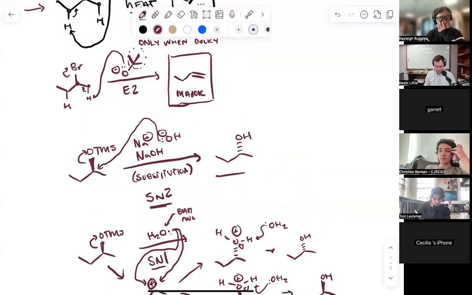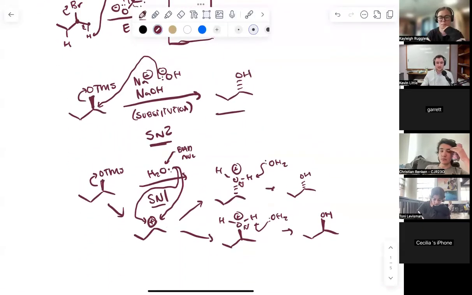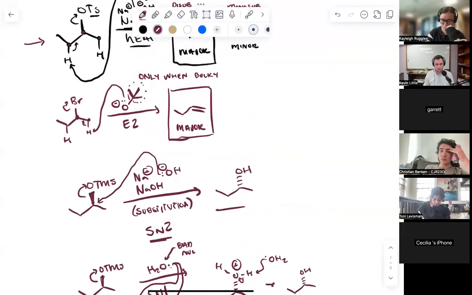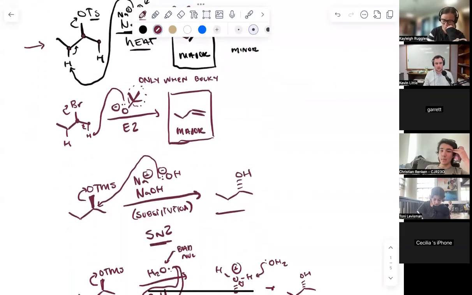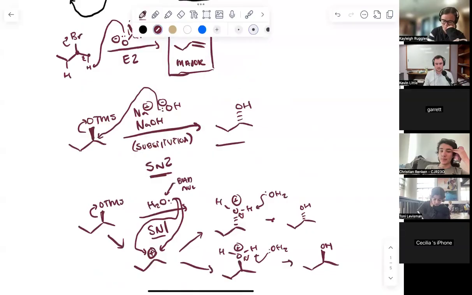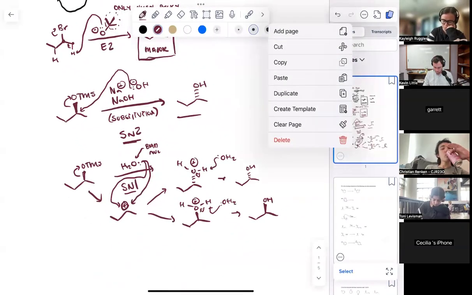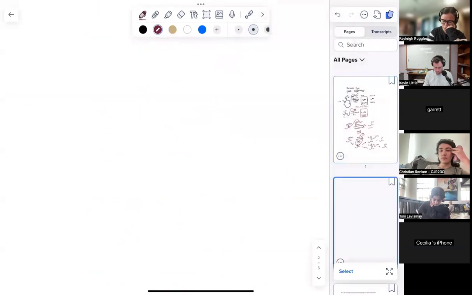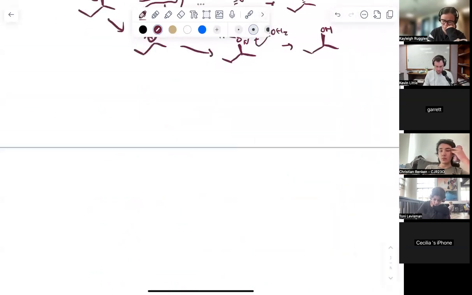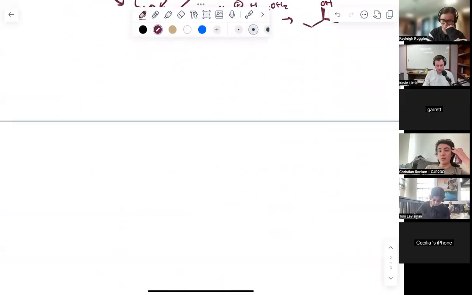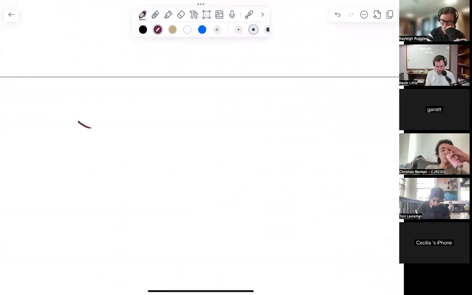Again, this is the next step. And the last thing we really talked about is something I've kind of touched on: alcohols can be leaving groups, but they have to be positively charged. Or oxygens can be leaving groups, but they have to be positively charged.